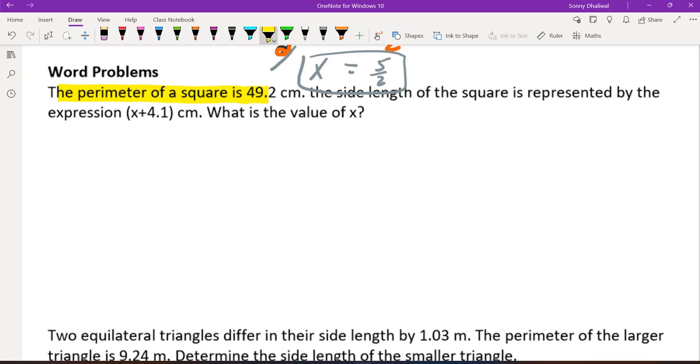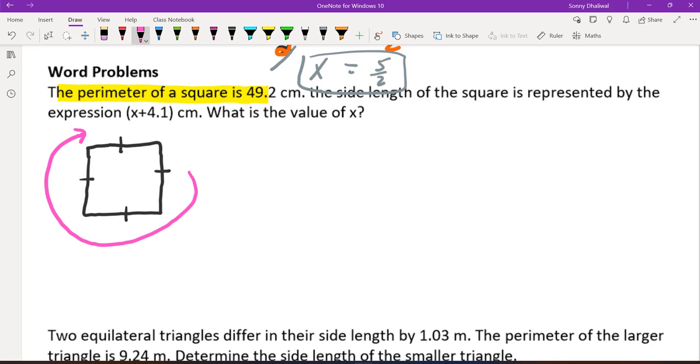Here it says we have a square with a perimeter of 49.2. So I'm going to draw myself a square. And remember, a square has all sides the same. It says perimeter is 49.2, and the word perimeter means the distance all the way around. So the distance all the way around is 49.2 centimeters.